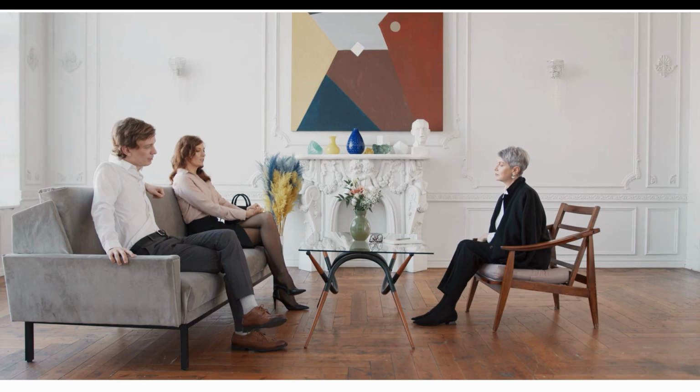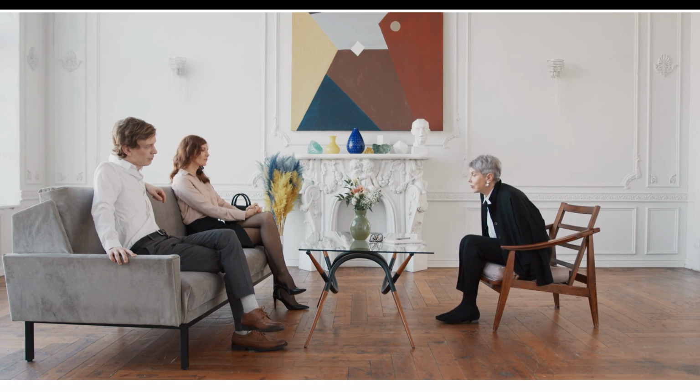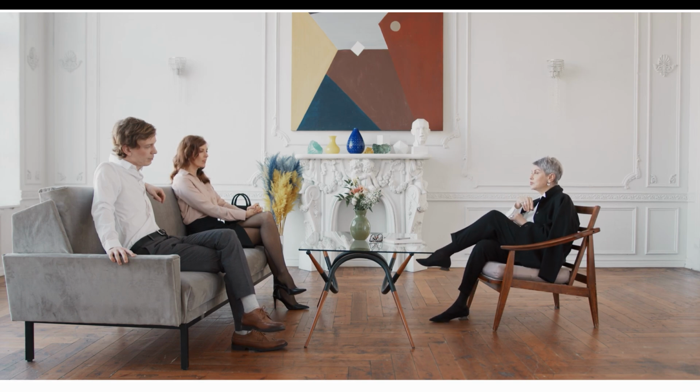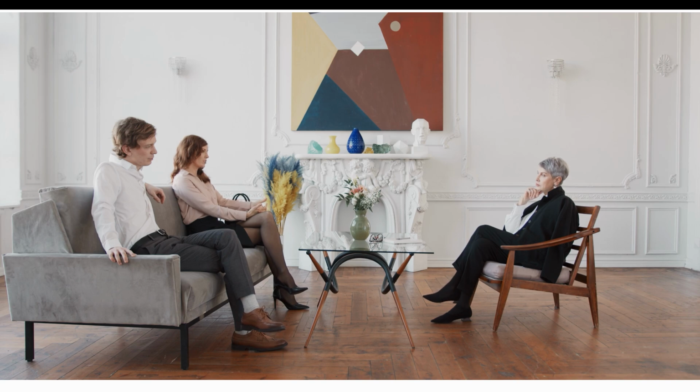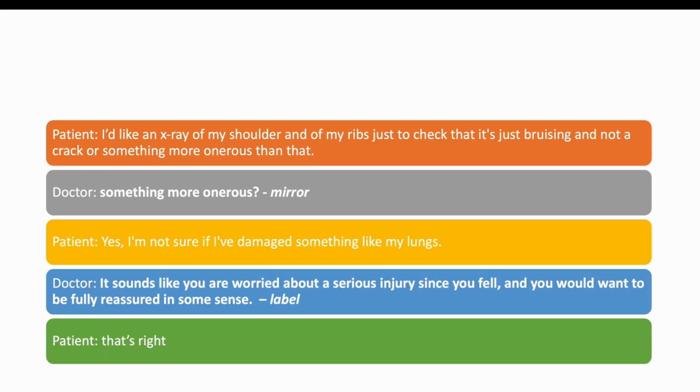Well, you can see that these two examples are highlighting the importance of mirroring the patient's conversation and using the key words with some form of upward or downward inflection, and labeling the comments prefixed with it looks like, it sounds like, it seems like, to be able to identify the reasoning behind the comments the patients have made to you. Let's try another example.